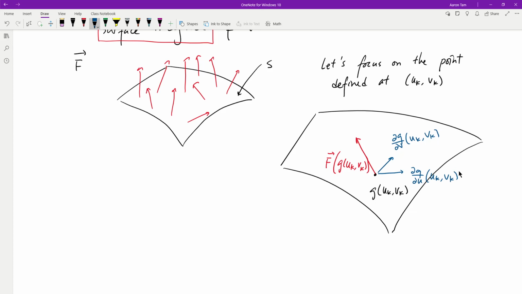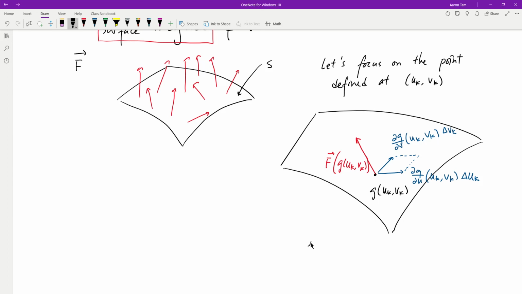So to do that, I'm going to say dg over dv at u sub k, v sub k multiplied by delta v sub k, and dg over du will be multiplied by delta u sub k, and that would form these two tiny little direction vectors. And I'm going to use them to form a parallelogram, which becomes a small piece of the tangent plane. And I'm going to assume along this parallelogram, the vector f is constant.